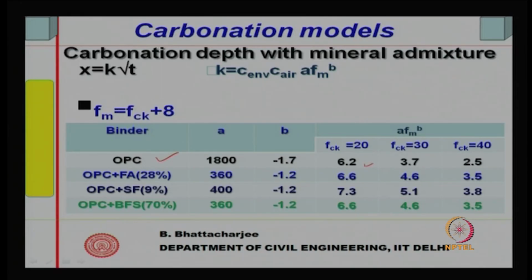with the carbonation depth, this value, carbonation depth is given by this factor K. Higher the K, for a given time carbonation will be more, and these values, this term which depends upon the type of cementitious material, you find that OPC shows 6.2, 3.7 for different strengths of concrete, but PPC, OPC plus fly ash 28% etcetera, shows somewhat higher values, which means that K will be higher.